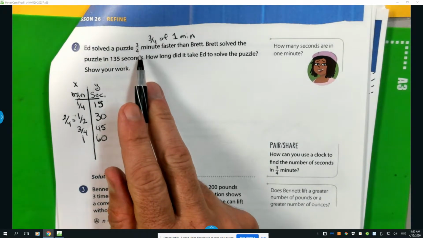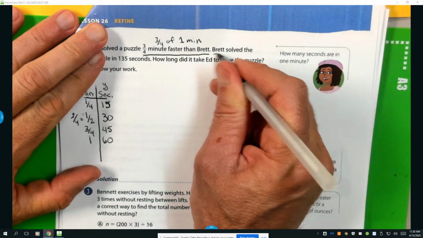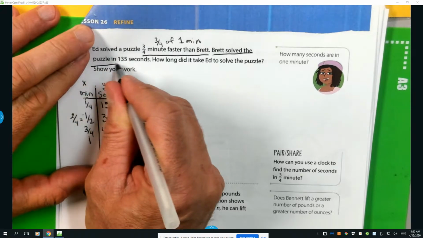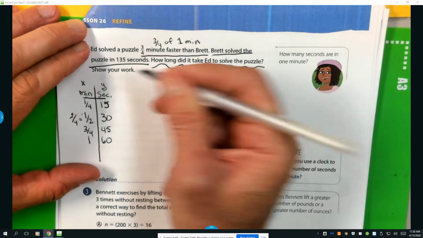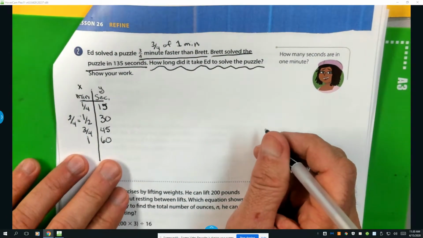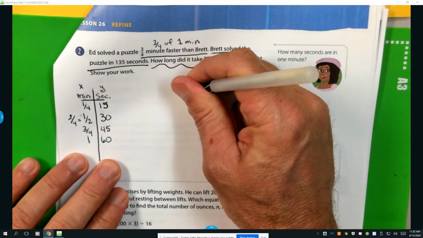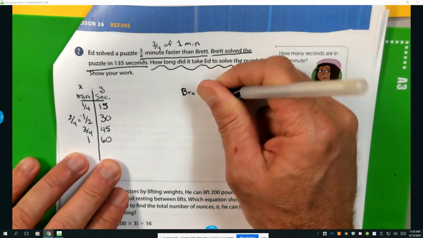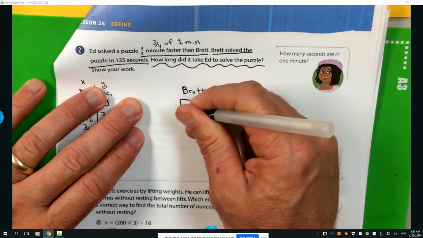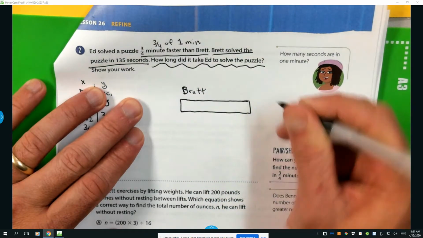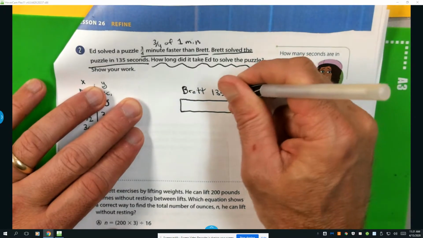Ed solved the puzzle 3/4 of a minute faster than Brett. Brett solved the puzzle in 135 seconds. How long did it take Ed to solve the puzzle? Okay, so if I know that Brett solved it, right here is Brett, and it took Brett 135 seconds.